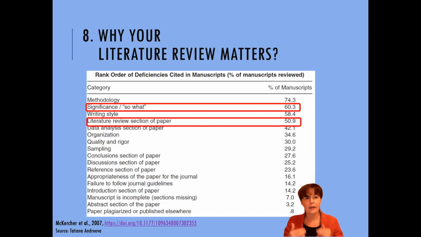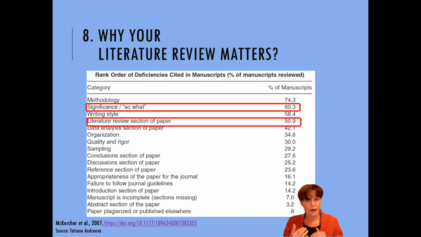Because the second most important reason why an article gets rejected after methodological flaws is failing to indicate the significance of the problem, not answering the so what question. Why is this issue important? Well, if you've done your literature review properly, you are able to articulate that significance.